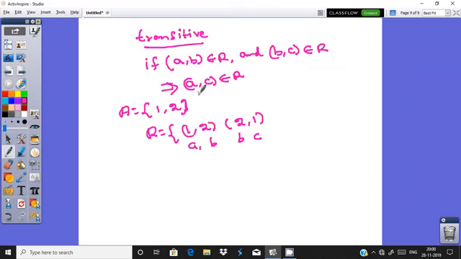What is a transitive relation? If A comma C exists, so what is A? 1, and what is C? Again 1. So if I write 1, 1, then I can say this is called a transitive relation.